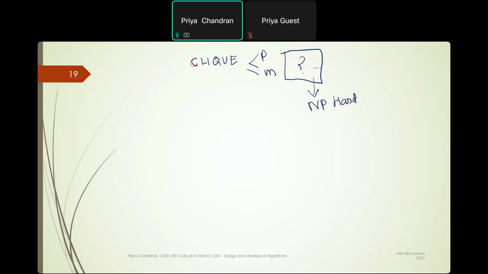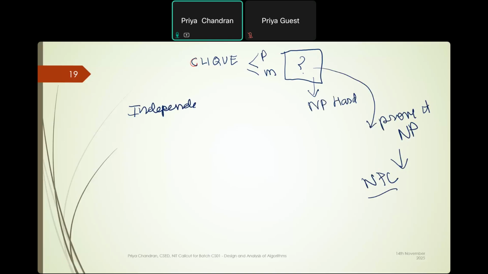And if that problem is then proved in NP, then it becomes NPC. So that is the approach that we are going to take. So the next problem that we take is that of independent set, which is something we have studied in class. So we will be knowing about the problem. And we'll make use of the clique problem. By giving a polynomial reduction from the clique problem, we'll prove that independent set is NP complete.